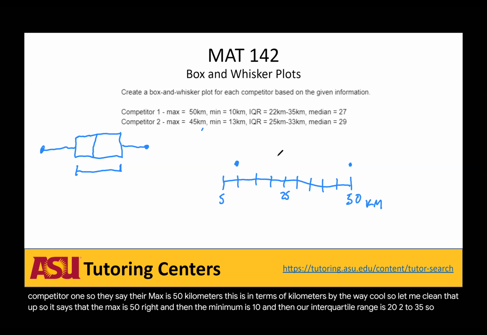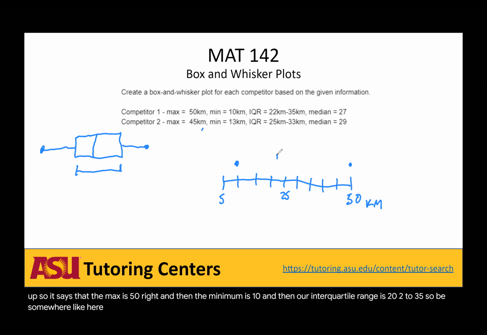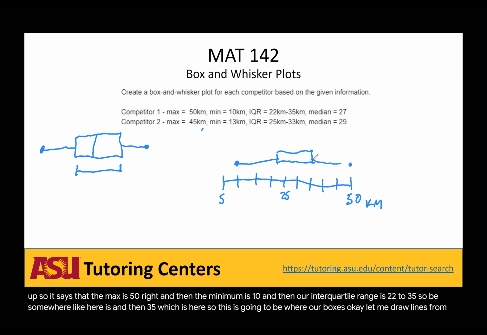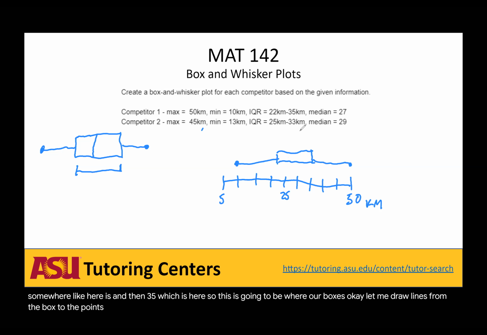So it'll be somewhere around here, and then 35, which is here. So this is going to be where our box is. Okay? And then we draw lines from the box to the points. And now the last thing we need to do is draw our median, which is 27. So right about there. So this is competitor 1.